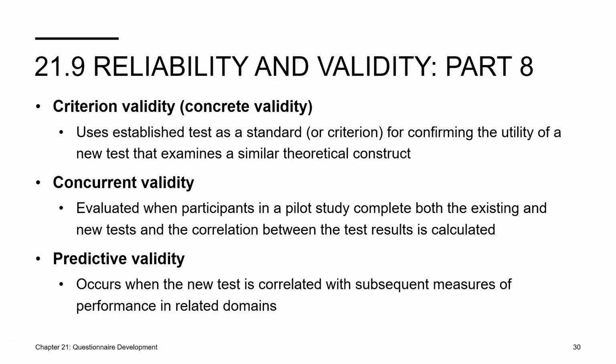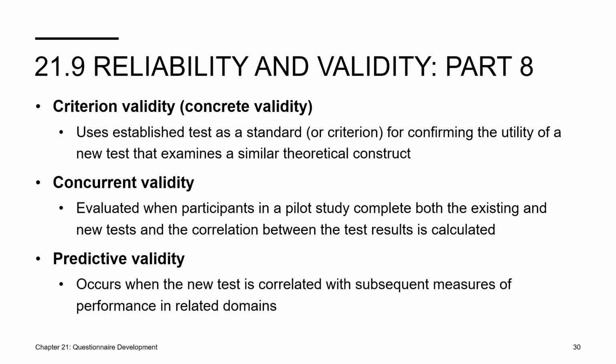So if you're trying to validate a new survey item against a previous one, concurrent validity is evaluated when participants in a pilot study complete both the existing and new tests, and the correlation between the test results is calculated. Then predictive validity occurs when a new test is correlated with subsequent measures of performance in related domains.